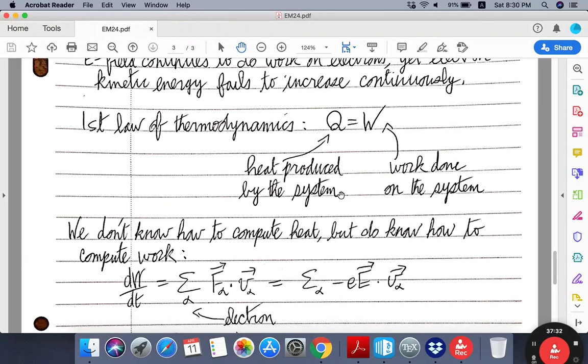So the fact that you're always doing some work on the electrons, and yet the electrons are not picking up any more kinetic energy, implies that there is heat generation by the current-carrying wire, which exactly equals the amount of work being done on the electrons as the electric field drives them forward in the direction of the field.